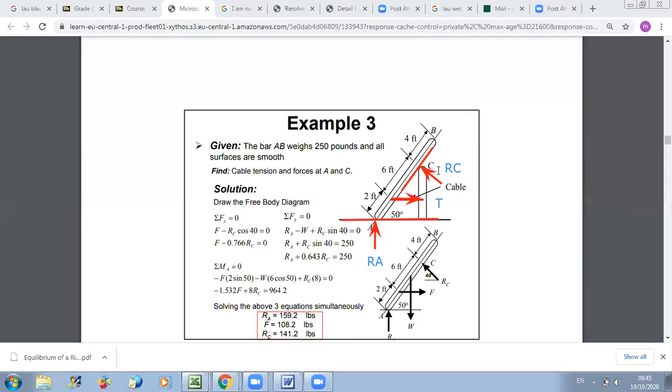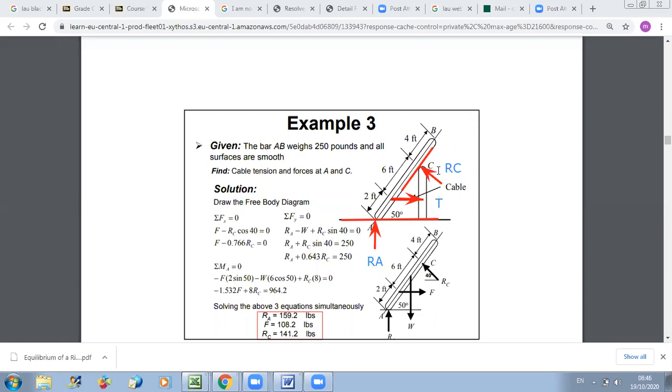Now I will try to use the easiest equation for me. Sometimes you cannot find one force by one equation. You will have a system, so you write a system of equations where all your forces are involved, and then you can solve your system using the calculator.